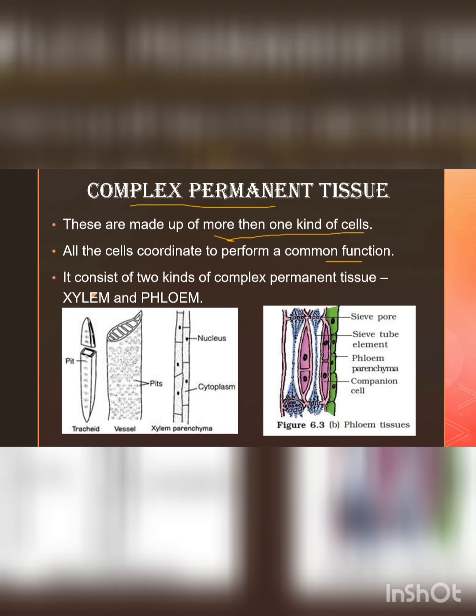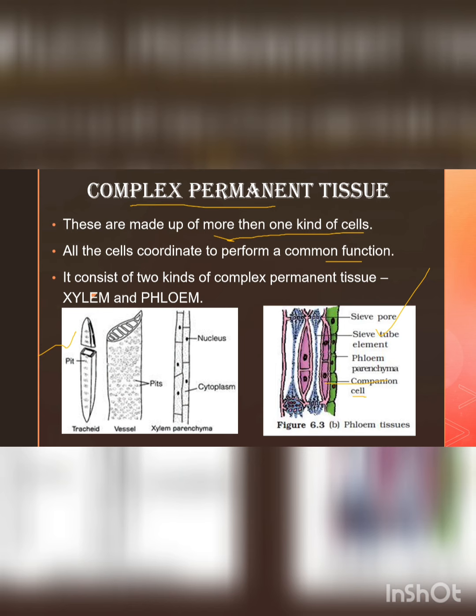In the first picture, you can see the xylem, which consists of different cells. The second picture is the phloem, which consists of different phloem cells. Here you can see the green colored phloem parenchyma, and the purple colored companion cells.